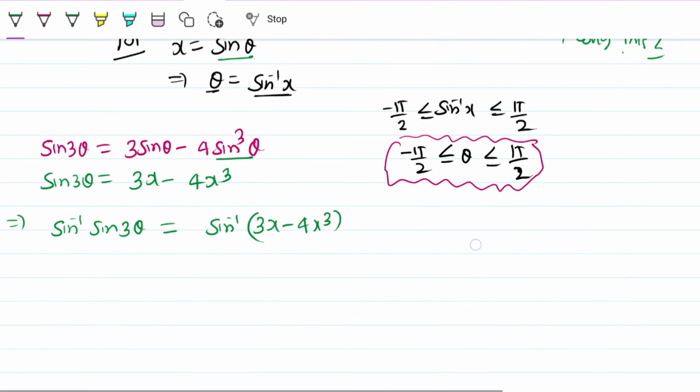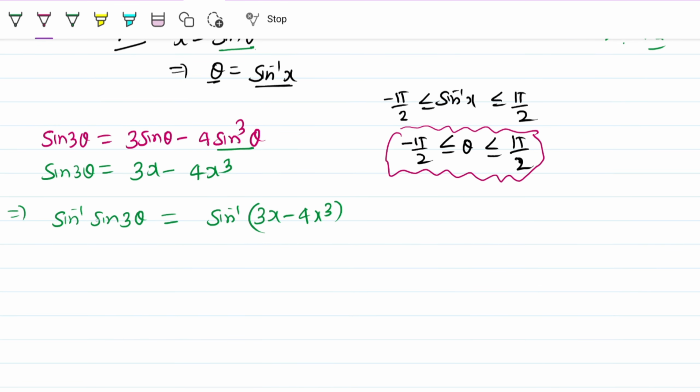Now by simple logic, sin inverse sin can be cancelled only if 3 theta is from minus pi by 2 to pi by 2.